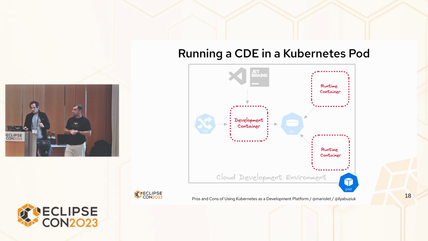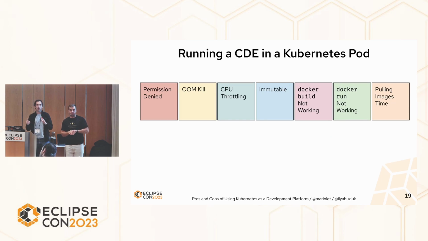All right, so we have divided the problems into three sections. The first section is about running an unprivileged container on Kubernetes. So what are the problems with that? Well, there are a few. We have listed a few. Those are things that we have struggled with and continue struggling with.